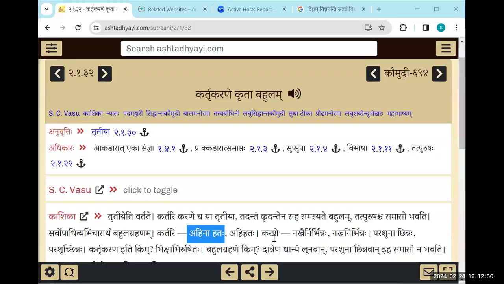Another example. Karane, nakhair nirbhinnaha we saw. Now, parashuna chinnaha. What is parashuna chinnaha? What is the pratipadika first? Recognize. Parashuna is third case singular. What is the pratipadika? Parashu.